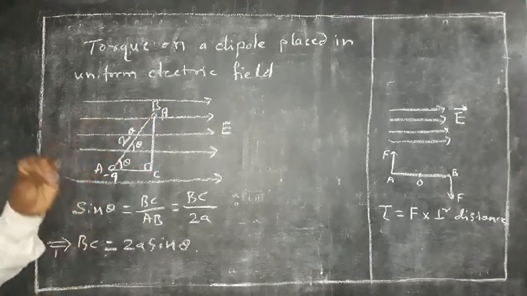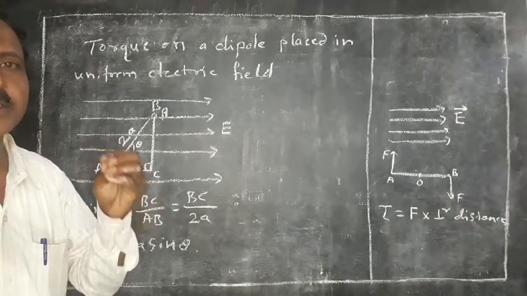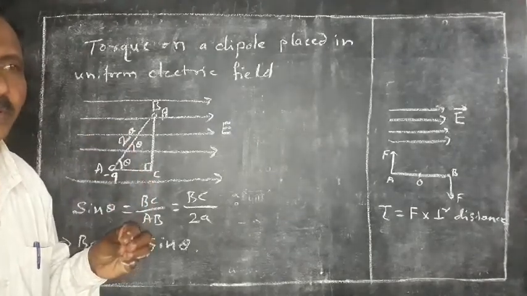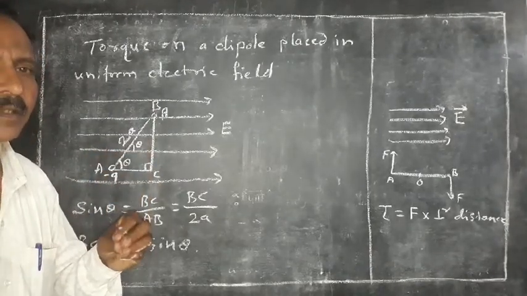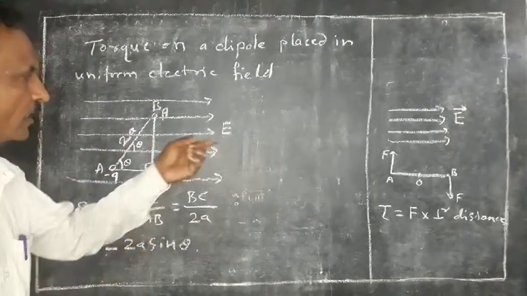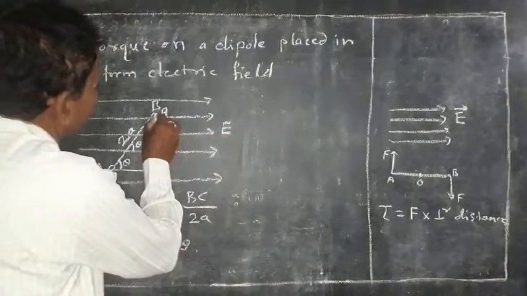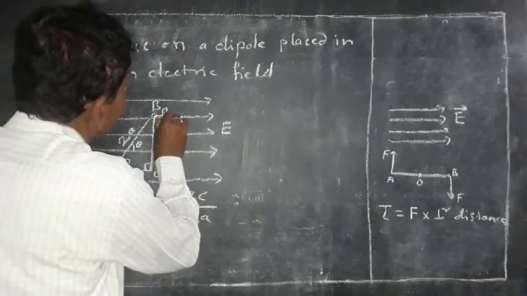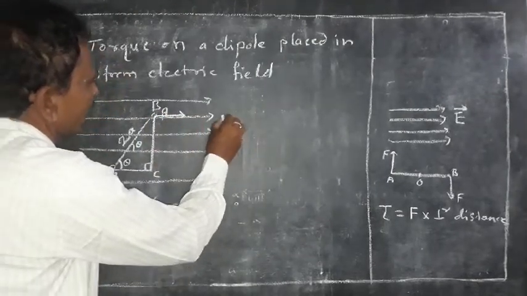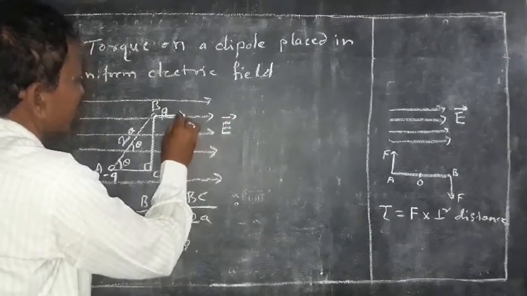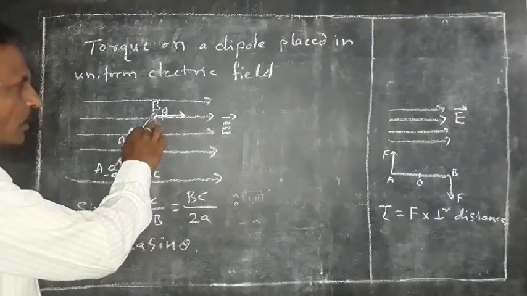If a charge is placed in an electric field, it experiences a force. The force experienced by a charge in an electric field of intensity E is in the direction of the electric field intensity. This is the force experienced by the positive charge.